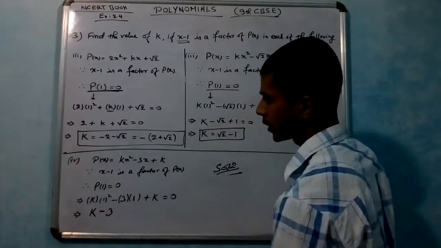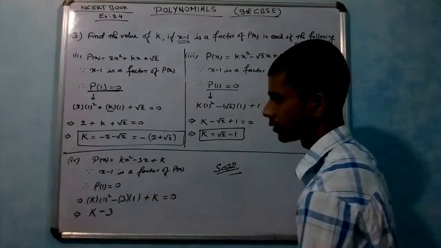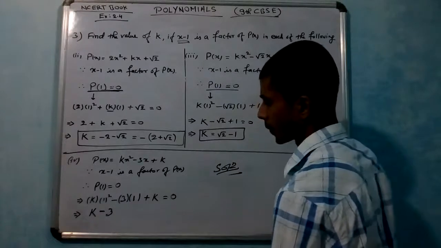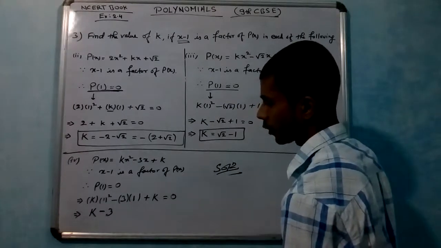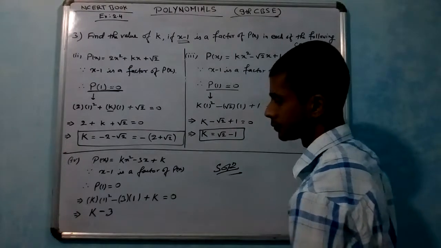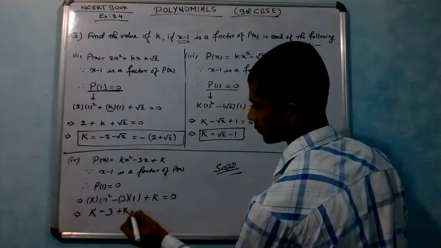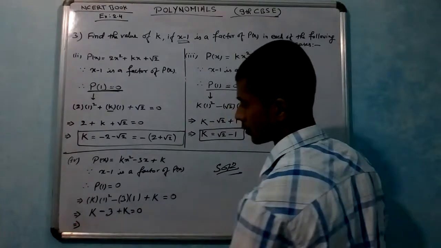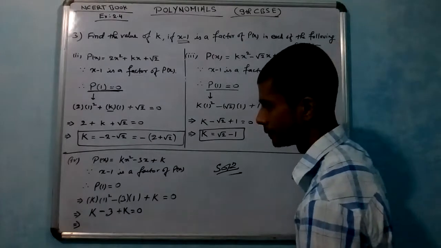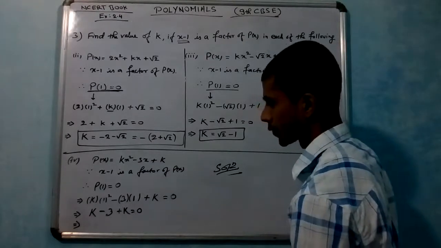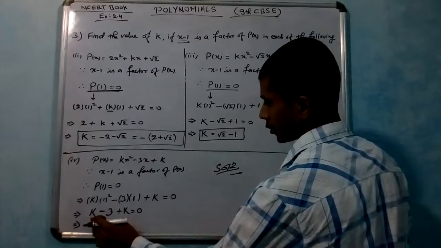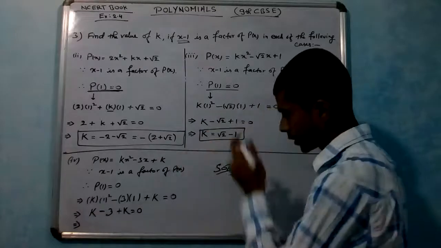Minus 3. Where is the minus? Kx square minus 3x plus k. What next? What next after this? Okay. K plus k. K plus k what? What does it mean?